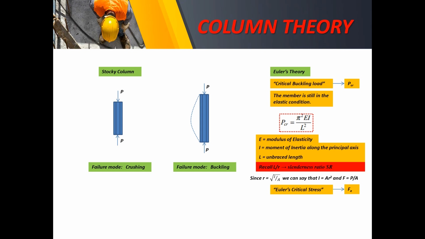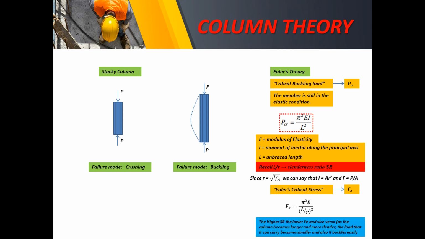This is denoted by F sub E, given by the equation pi squared E all over the square of the slenderness ratio SR. This is derived from the formula PCR equals pi squared EI over L squared, integrating that I is AR squared and the stress is equal to P all over A. So we note here that the higher the slenderness ratio, the lower the FE, or the Euler's critical stress, and vice versa.